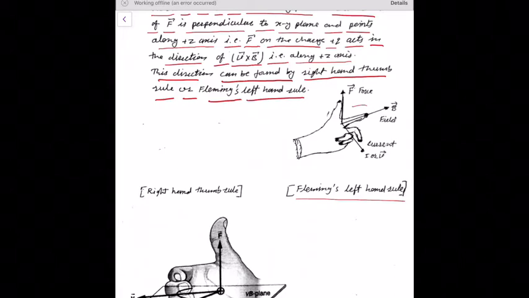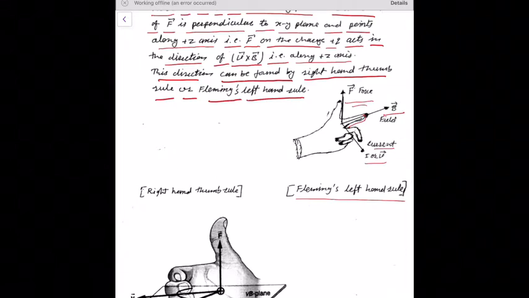If the forefinger points in the direction of the magnetic field and central finger in the direction of current or v vector, then the thumb gives the direction of the force on the charged particle. Clear? Fleming's left hand rule.